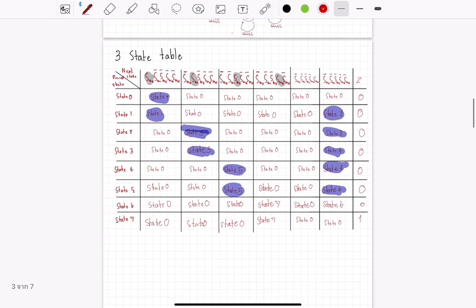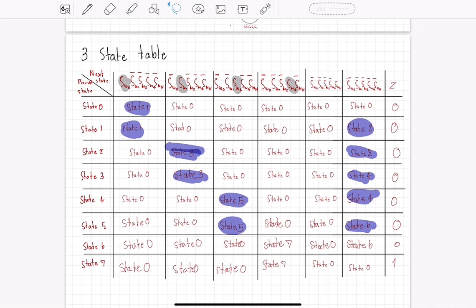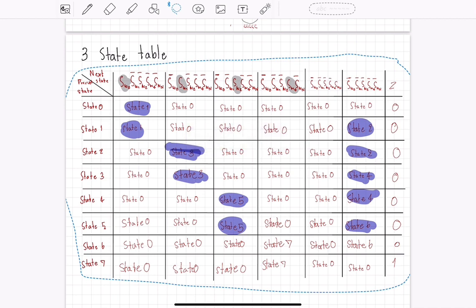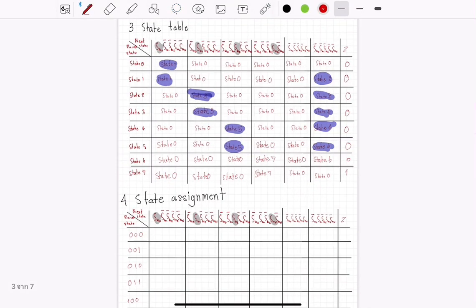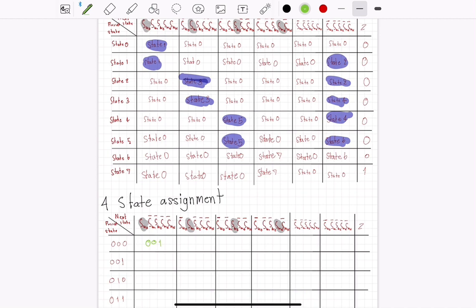Alright. I have the state table. And I can copy the state table. I transform the state table to state assignment. Okay. And that I highlight. I go to state 1 is 110.